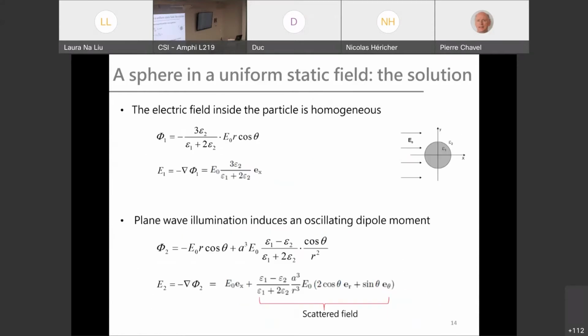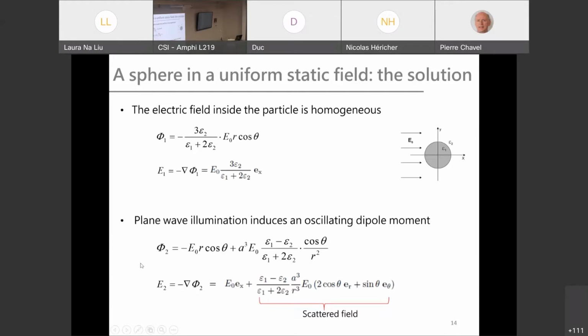If we go further, we can also calculate the electric field inside the particle, which is minus the gradient of the electric potential. You see here, inside the metallic nanoparticle, the electric field is homogeneous. This is not surprising in this quasi-static domain.